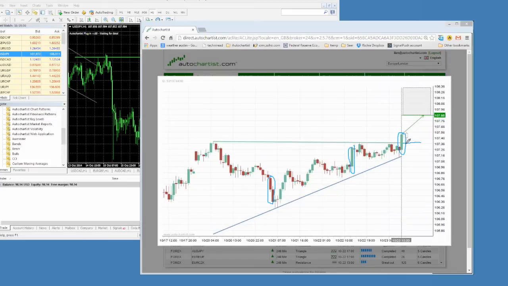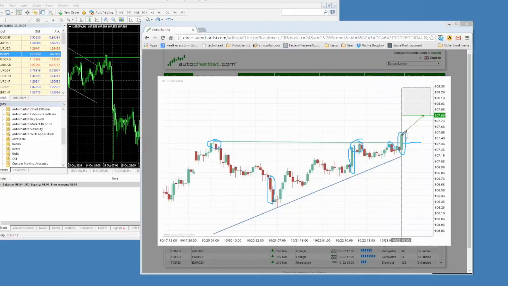This is what makes chart patterns different from all other indicators. Some of you might be using moving averages, some of you might be using RSIs or MACDs, and those are all just arithmetic equations. Chart patterns are about market psychology. And we can see very clearly in this example that this level has been hit numerous times. So before this breakout, it hit this level 3 times before a very distinct breakout through the resistance level.